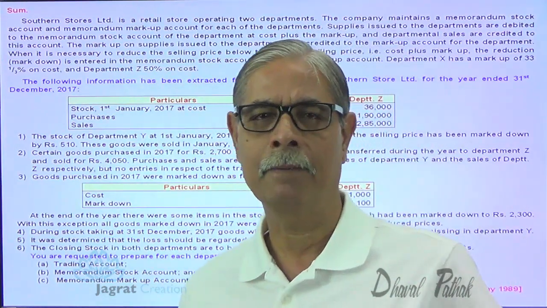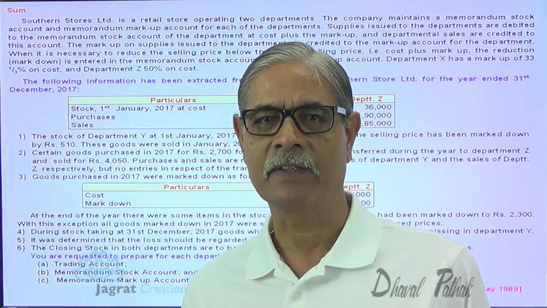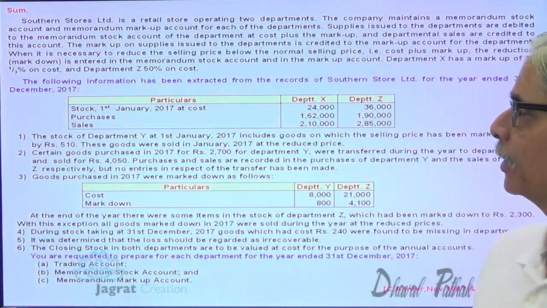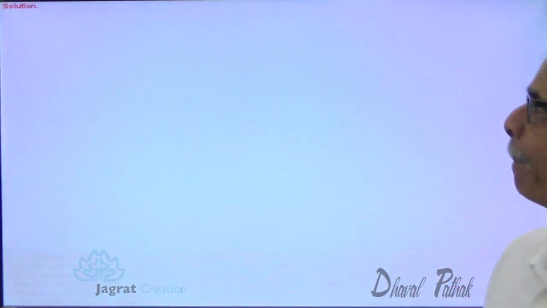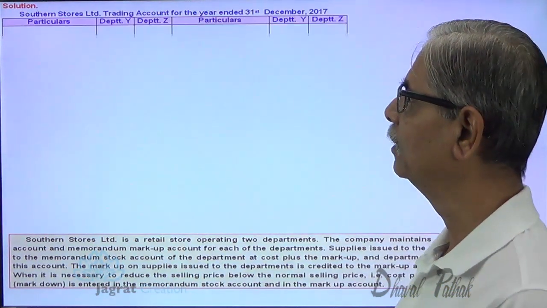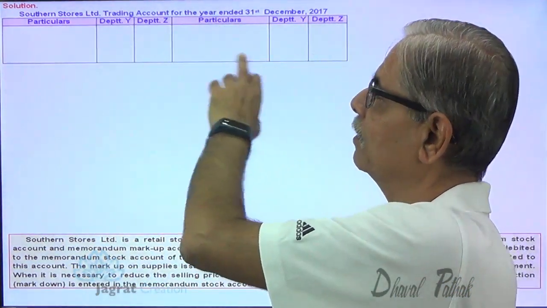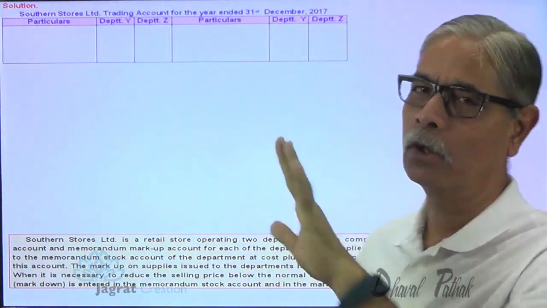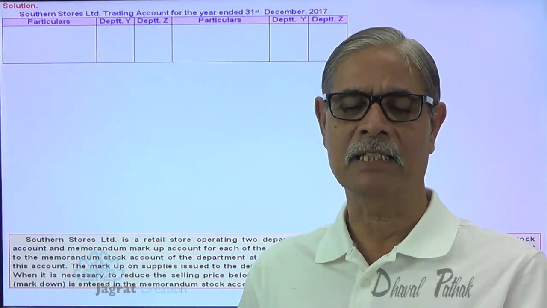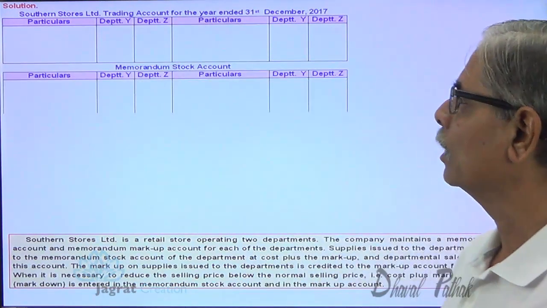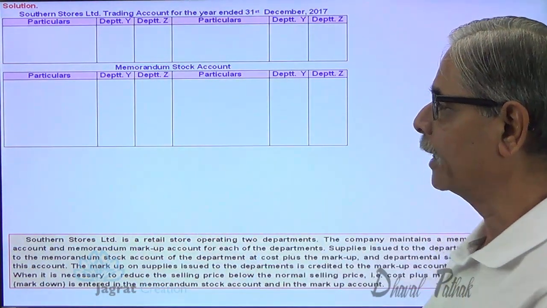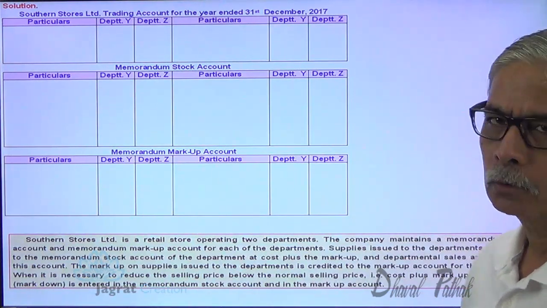Now after reading this sum, let me start with it and explain it. Here I prepare the Southern Stores trading account for the year ended on 31st of December 2017. This is a normal trading account which is a part of books of accounts. Here I prepare the Memorandum Stock Account and Memorandum Markup Account.